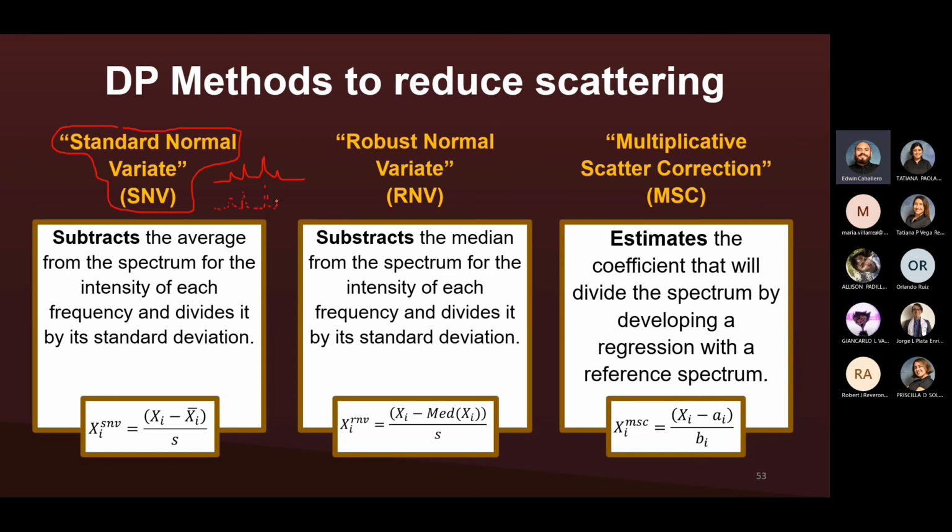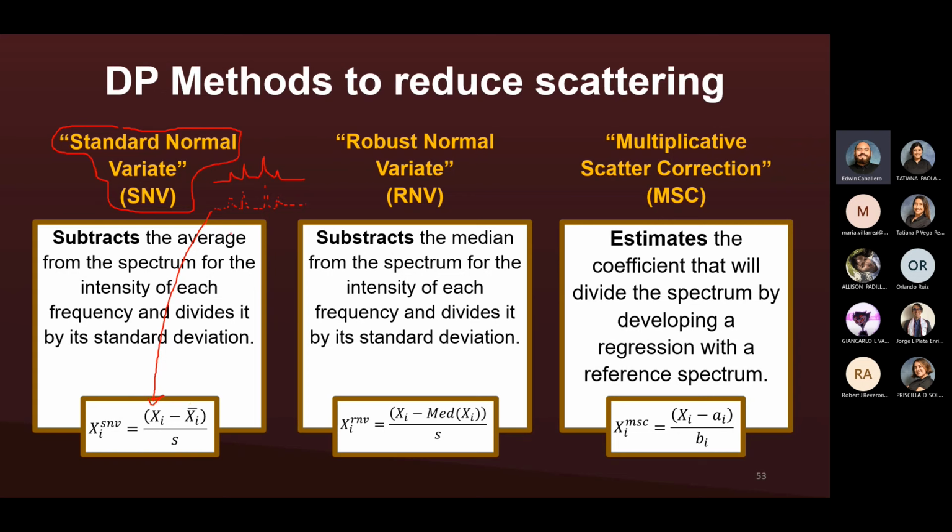Each point represents an intensity at a specific frequency. And what standard normal variate does is it takes only one point, subtracts the average intensity of all of the points of the spectrum, and then divides that by the standard deviation of all the points in the spectrum.